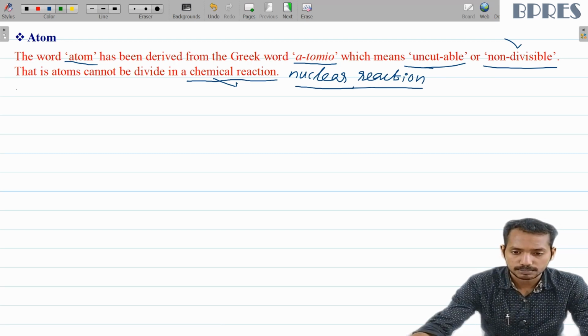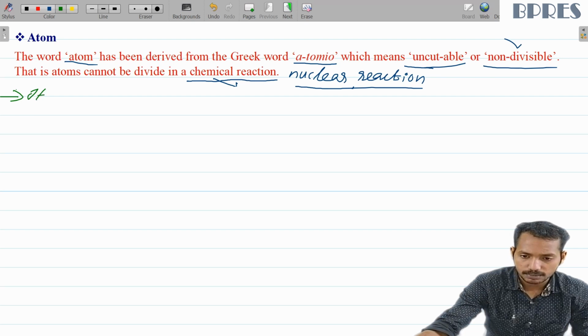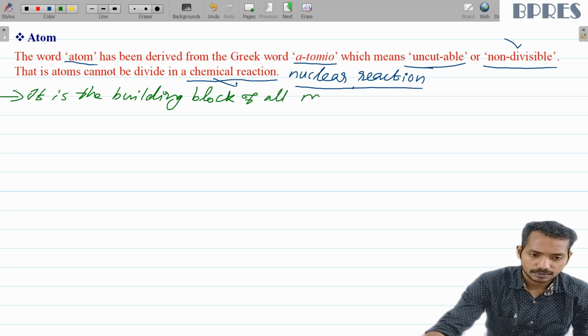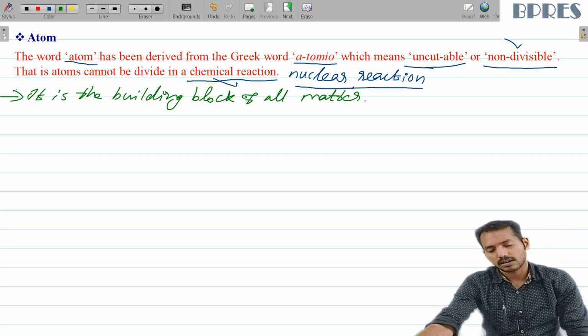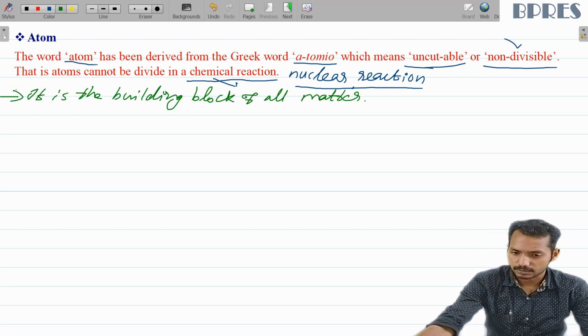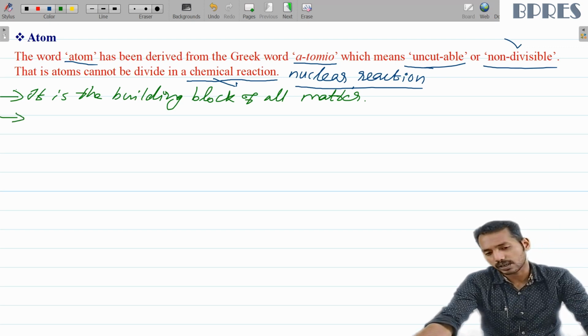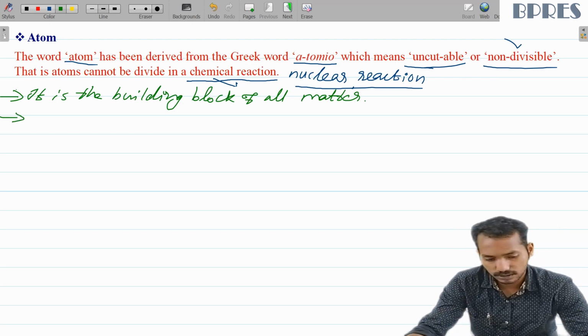You can state some characteristics of atoms, like it is the building block of all matter. All the matter is made with these atoms. Whether it is homogeneous, heterogeneous, solution, colloid, whatever it is, all are made up of atoms.